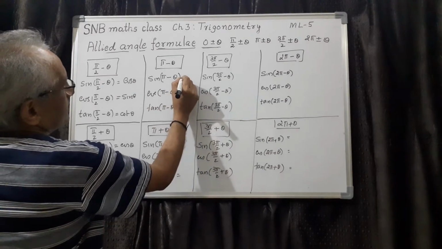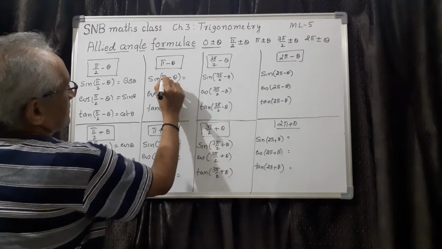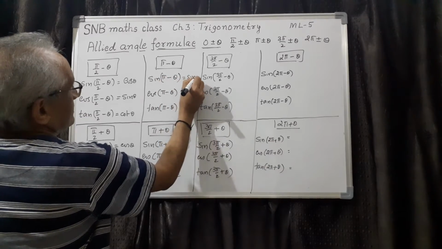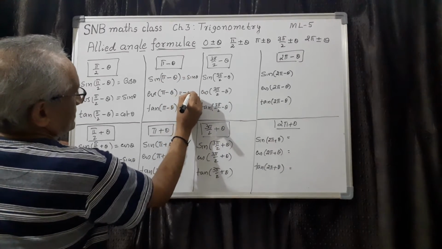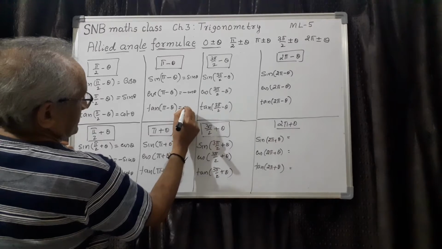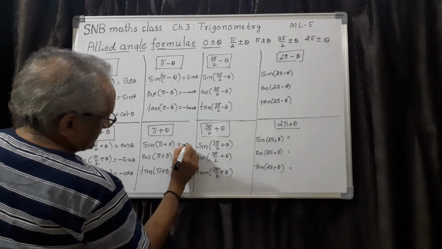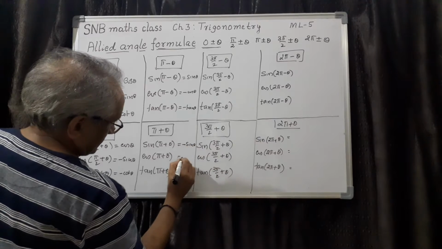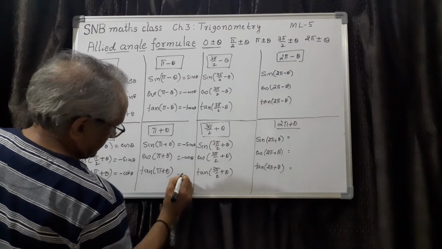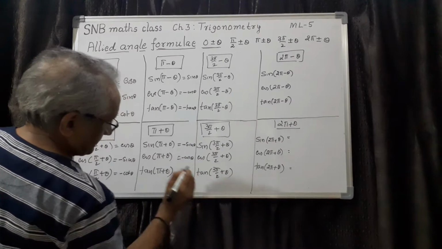And here it is sine theta, minus cos theta, minus tan theta. Here this is minus sine theta, minus cos theta, whereas this is tan theta.